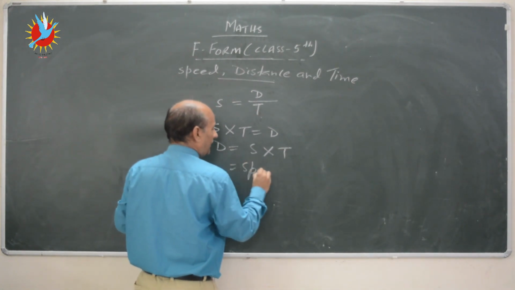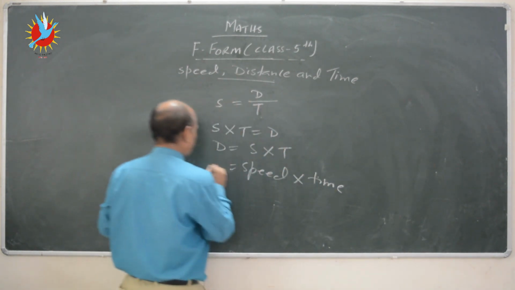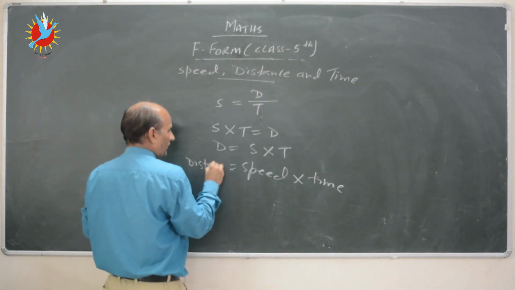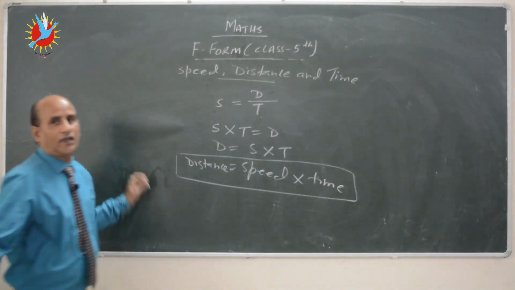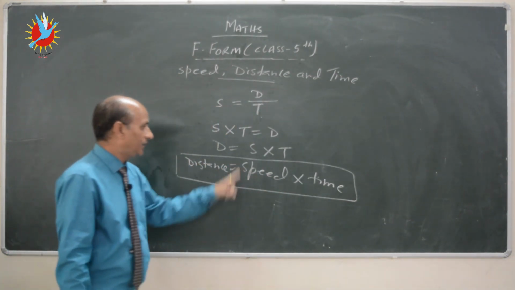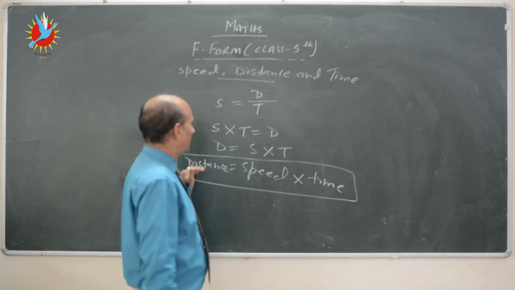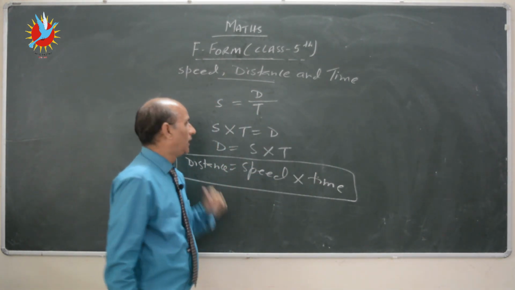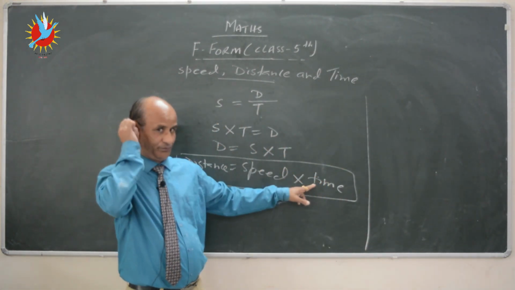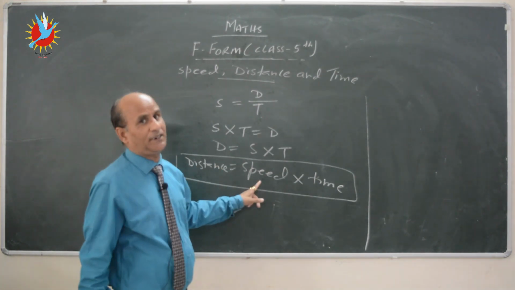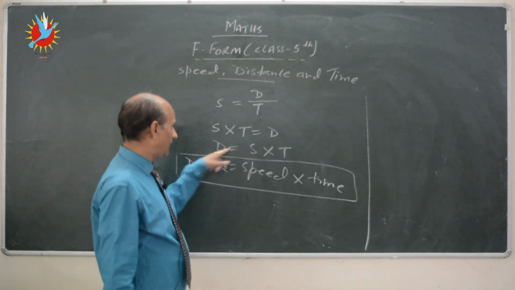That is speed multiplied by time taken. That is distance. So distance covered by any object, if its speed and time are given, is speed multiplied by the time. Now if you want to find the time, if distance and speed are given, then simply shift this speed to this side.